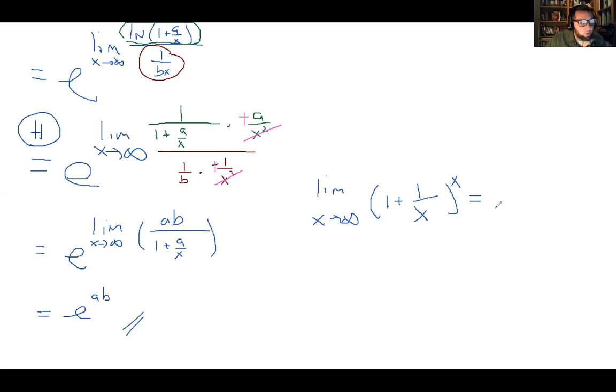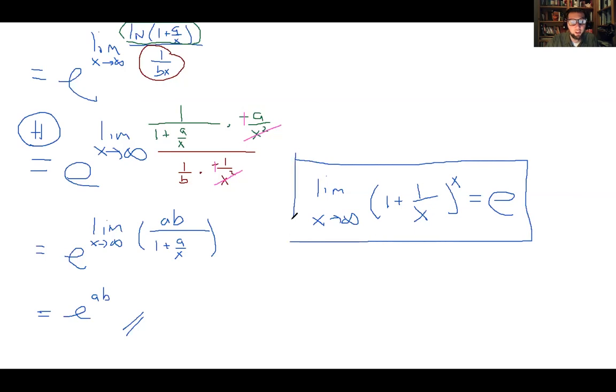And b is x, or b is also 1? B is also 1. Oh, so it's e to the 1. So a is 1, b is 1, so all this stuff is equal to e. Okay. All that stuff was the derivation that they're using over and over again in this homework.